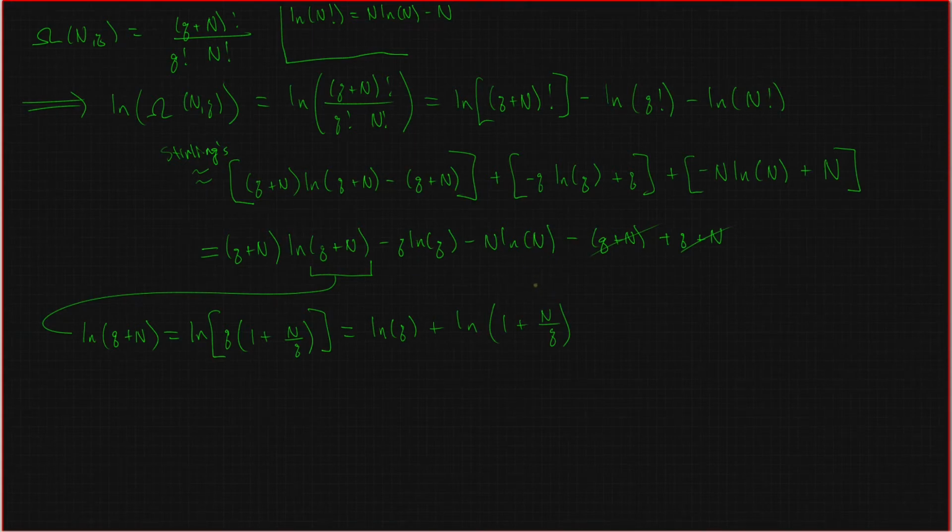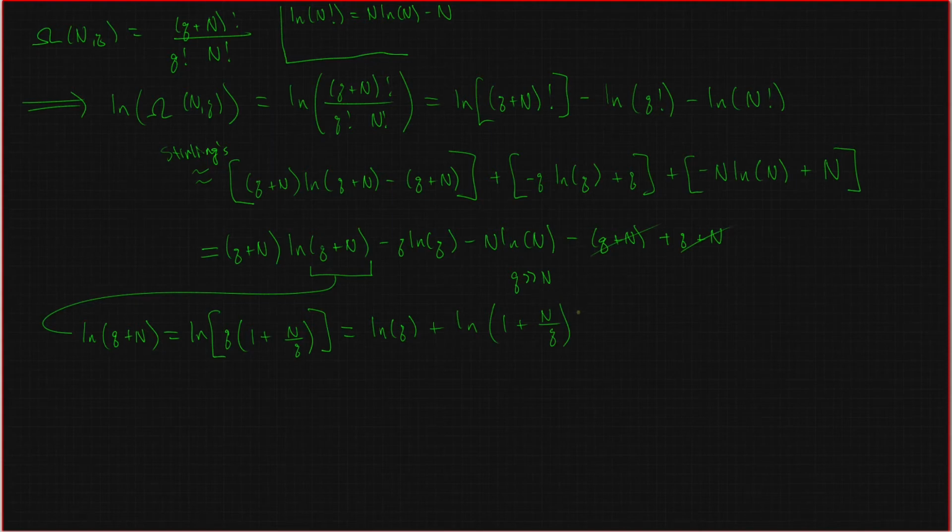Okay, so let's see. Yes, so now we're going to make the additional assumption that q is much, much greater than n. This is a so-called high temperature regime where the number of units of energy is much, much greater than the number of oscillators that we have.